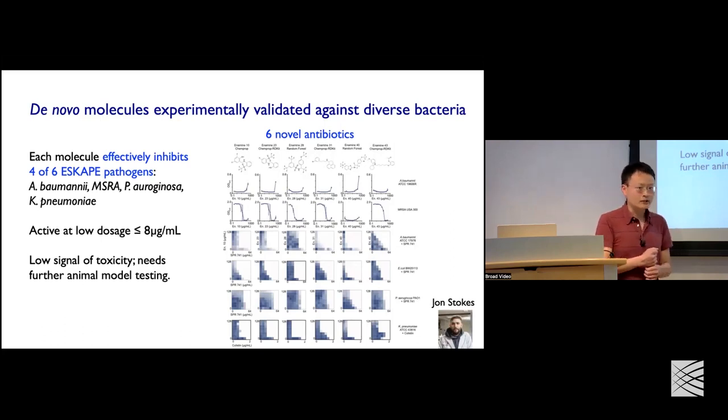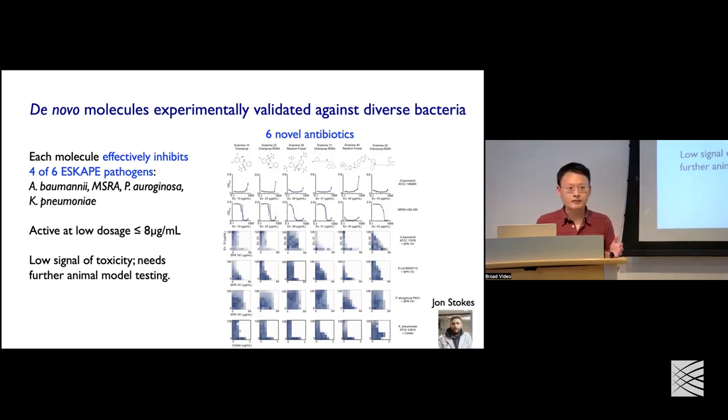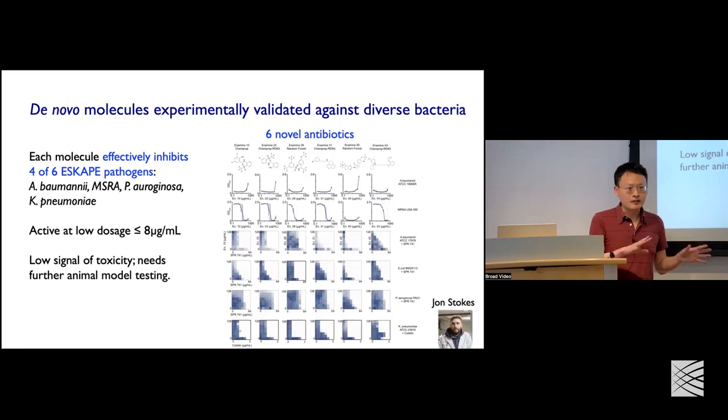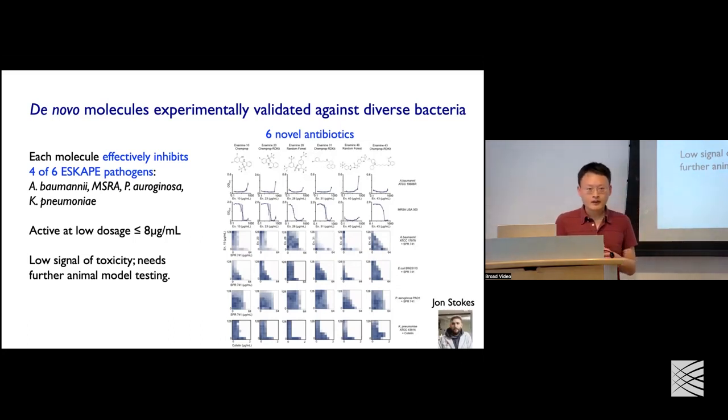The World Health Organization has a designation of what are called ESKAPE pathogens. There are 6 ESKAPE pathogens, which have developed massive resistance to many of the existing antibiotics. And through our collaborator, John Stokes, we had 4 of these 6 ESKAPE pathogens in the lab. We tested each of the 58 new molecules against these 4 ESKAPE pathogens.